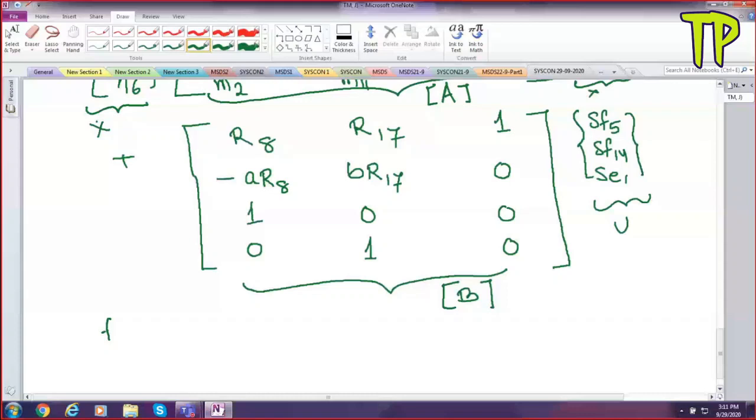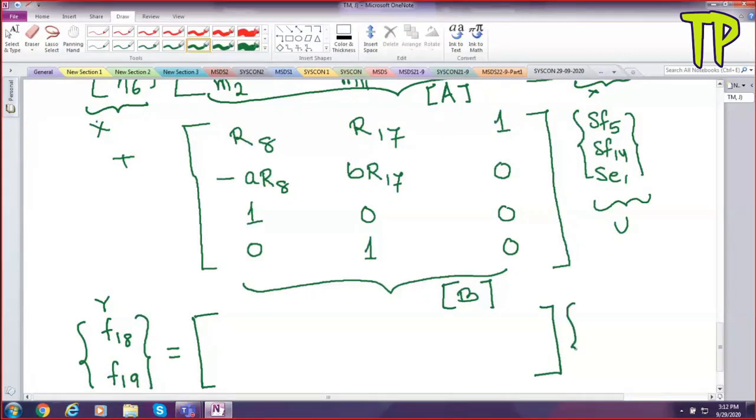Our Y is equal to, again, some C matrix. This will have 2 rows because 2 sensors are there. How many columns? Number of states. So P, what was it? 11, 7, 16.